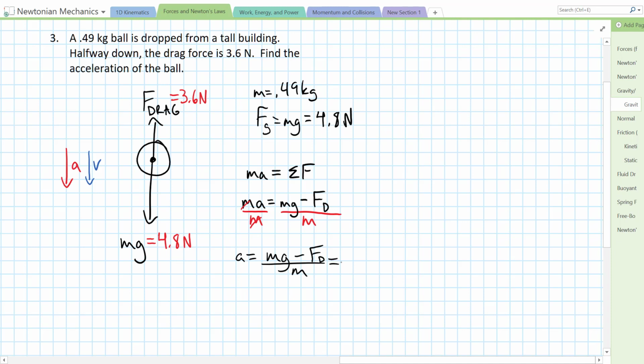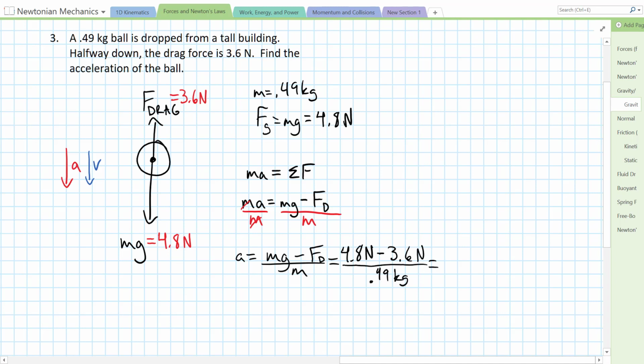We already solved for mg, it's 4.8 newtons, minus 3.6 newtons, divided by our mass, 0.49 kilograms. And you might notice that up top we just have our net force. It's our vector sum of our forces divided by mass.